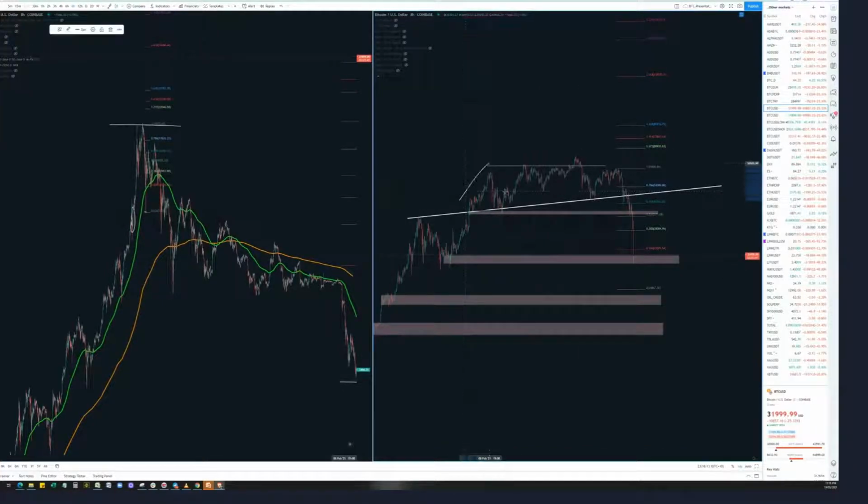Even though the left shoulder is pretty high, it needs to be bigger than the right shoulder. So if that's the right shoulder, it is bigger in terms of amplitude. And then we have this head, and the neckline is pretty clear.